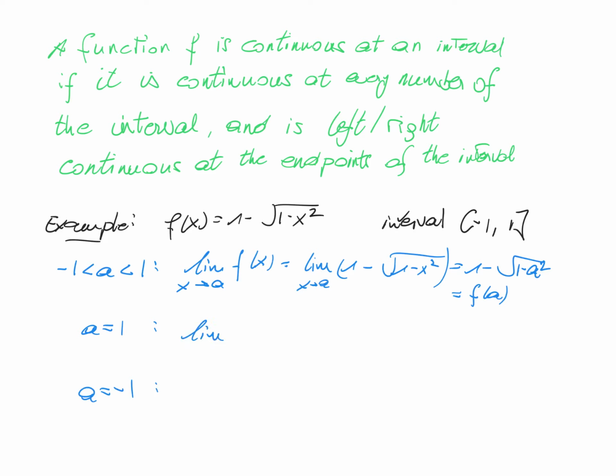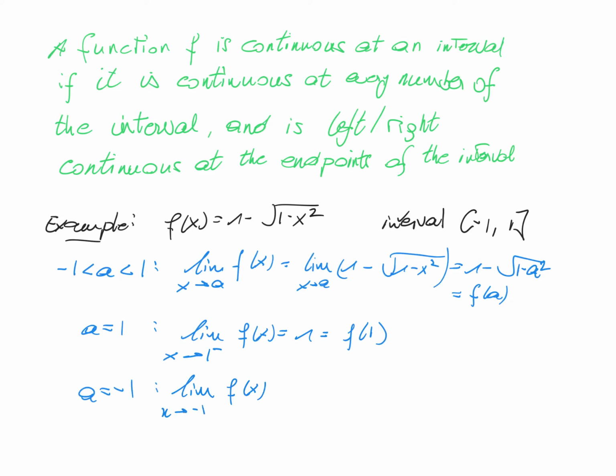And for the other two, we can do the same thing. In one it's the right endpoint, so we have to check for left continuity. So we go to 1, but with values smaller than 1. In this case, the limit is 1, because my root will become 0, which is also my function value, f of 1. Similarly, we have to look at the limit of f of x for x going to -1.